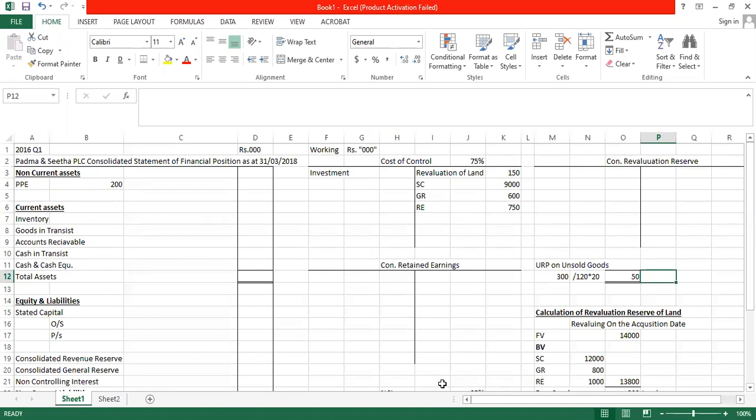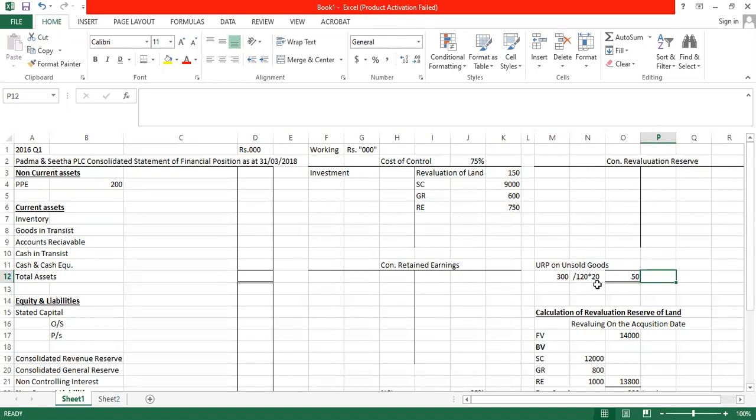Instead, we are consolidated now. So you have to prepare consolidated retained earnings. You have to sum up both companies' profit and loss accounts. This is the consolidated group retained earnings. Both companies' retained earnings, you have to credit to this account.